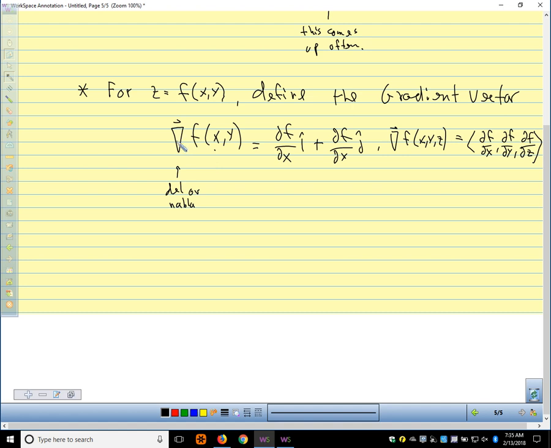This del thing we call an operator. So this is really the first time we've formally talked about operators. It has no value by itself.